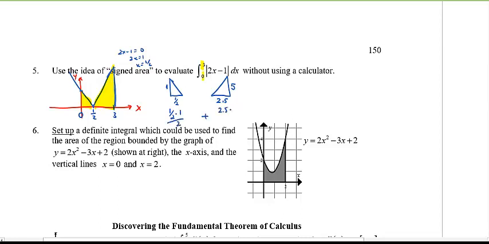Base times height divided by 2. If I simplify that, that's a quarter plus 6.25, so 6 1/4. A quarter plus 6 1/4 is just 6 1/2. There you go. And this is the answer to the definite integral.